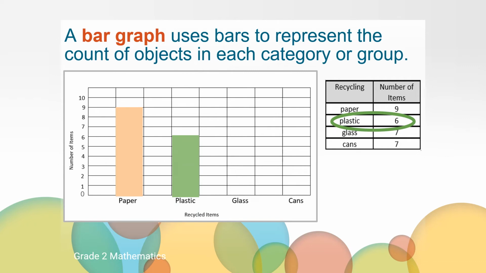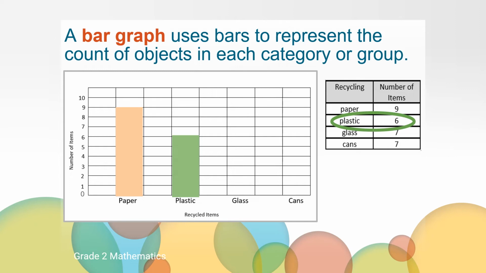Now you try to do the next 2 groups, glass and cans. Don't forget to leave a space between each bar. How did you do?